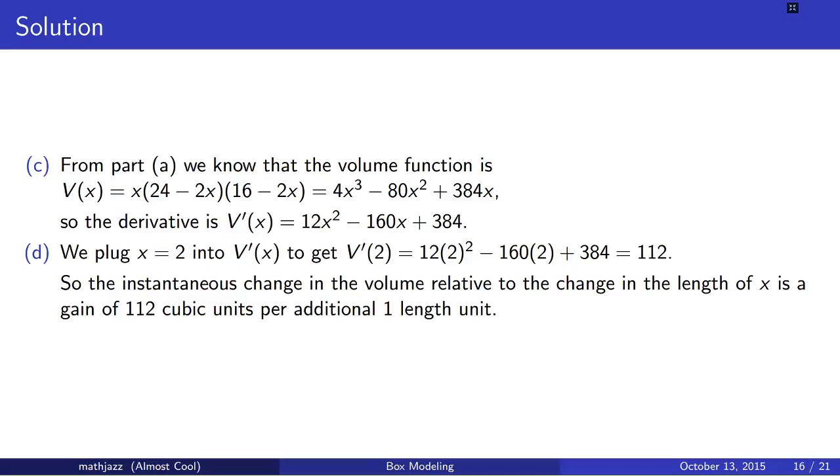So we can think of it as if the volume is changing the same way, it's growing at the same speed from 2 to 3 as it is at the instant when x is 2. We would see 112 units added onto v if we added 1 unit onto x. It's kind of like if we looked at a speedometer on a car, we would see a speed, like 45 miles per hour.